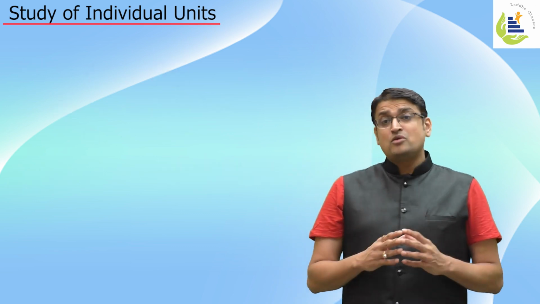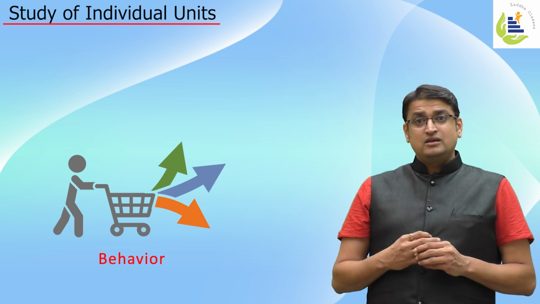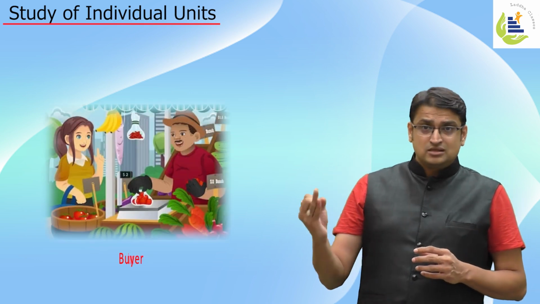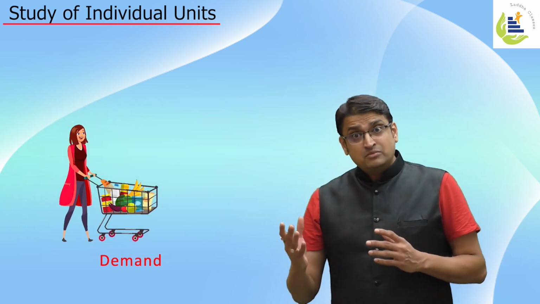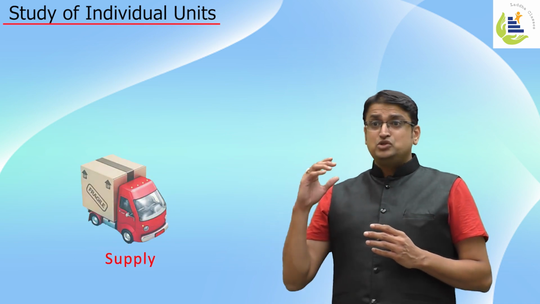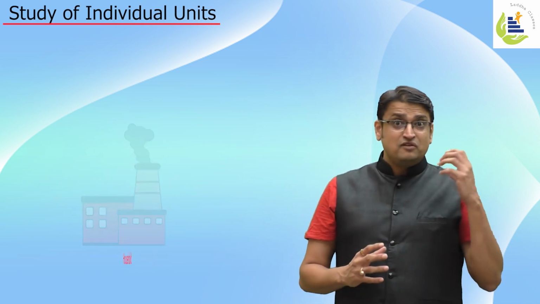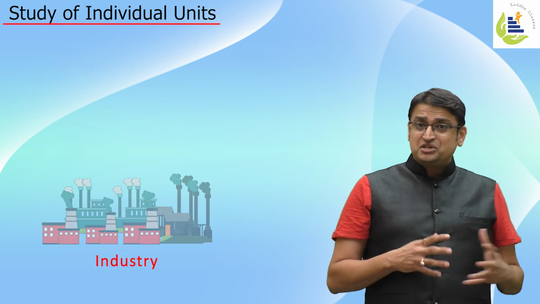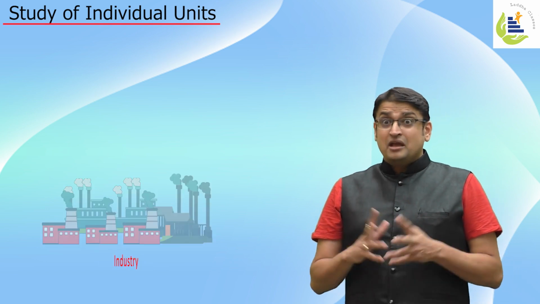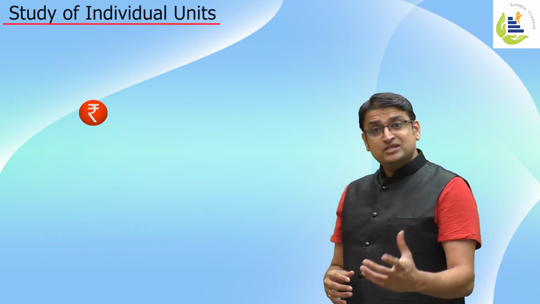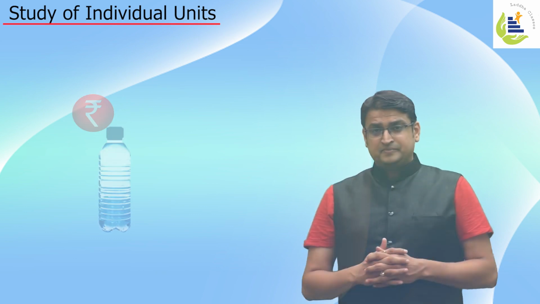So in microeconomics, we study individual behavior, individual buyer, individual consumer, individual demand, individual supply, individual household, individual firm, individual industry. In fact, we also study the price of an individual good.